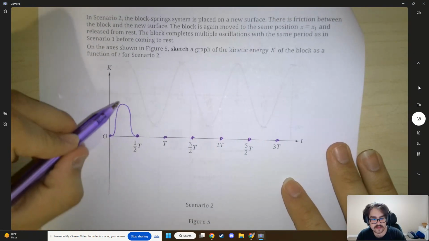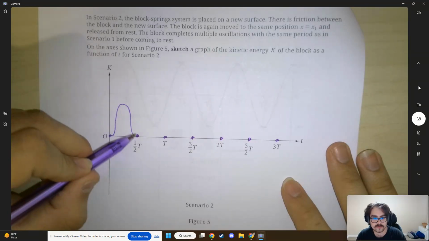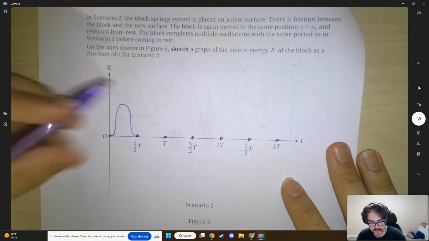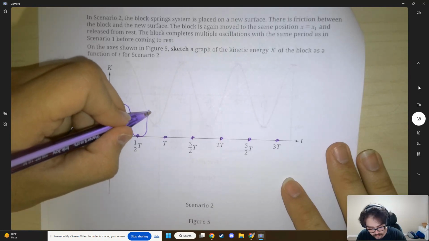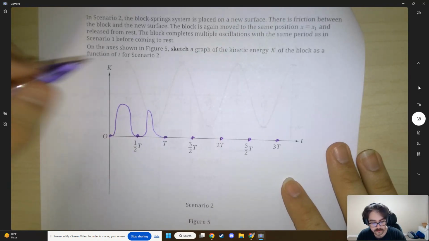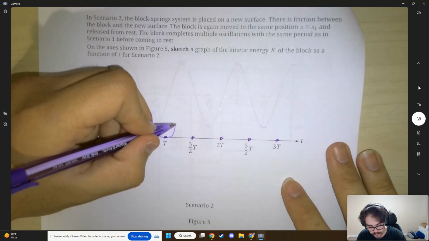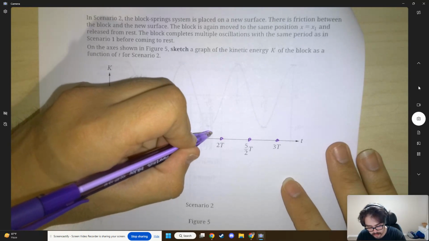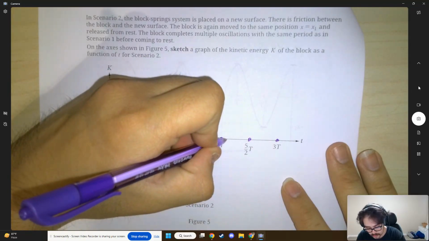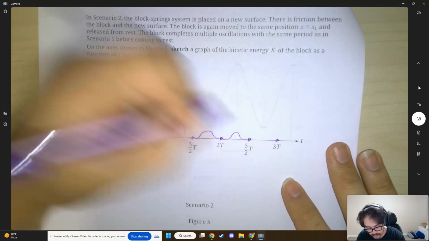And what's going to happen is it will never reach that maximum ever again, and it'll keep decreasing until eventually it hits 0. So it'll go up like that, and then it'll go. I drew that one probably a little too high, right? But it'll go up, and then up, maybe not so much, and then it'll just kind of die out.